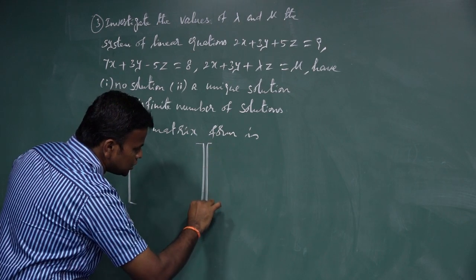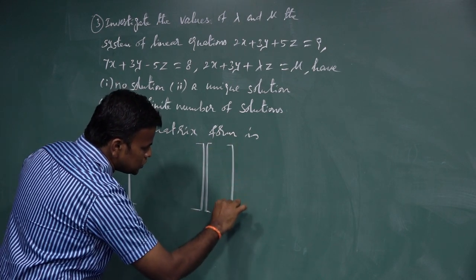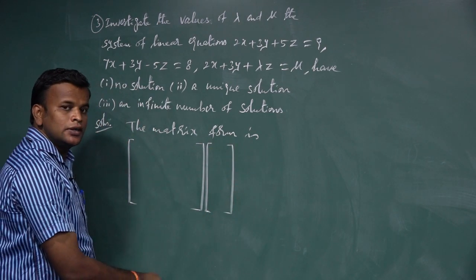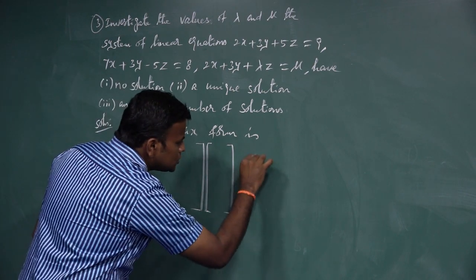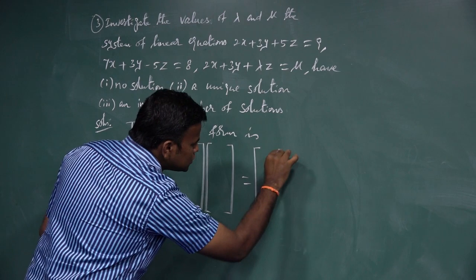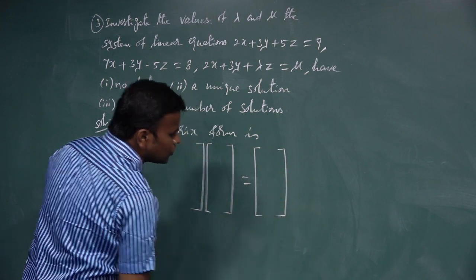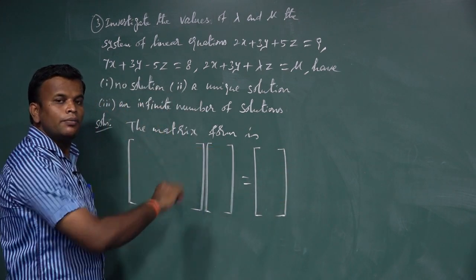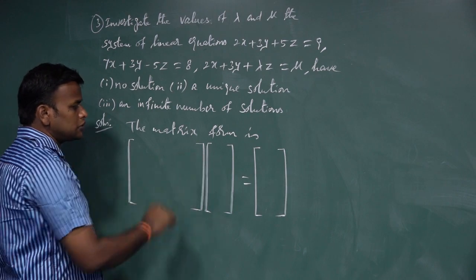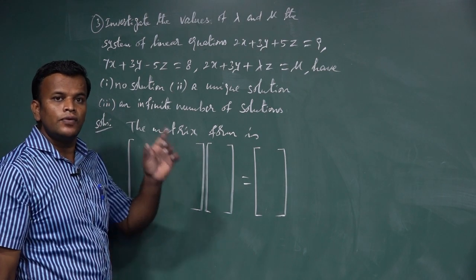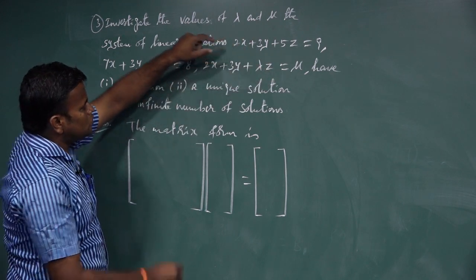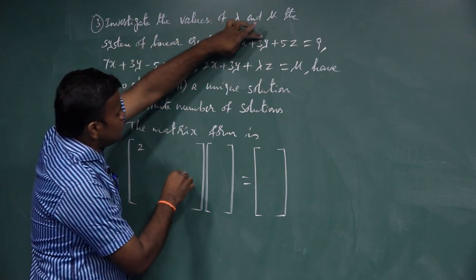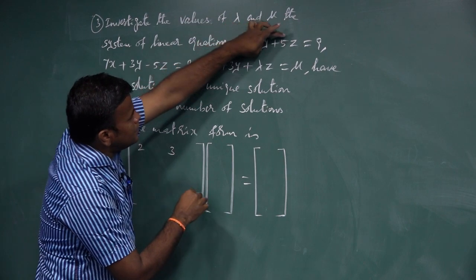The first matrix indicates the coefficients of x, y, z, and second matrix is the variables x, y, z, is equal to RHS, the constant matrix. You know very well how to fill the matrices. The first row is the coefficients of x, y, z in the first equation. The coefficient of x is 2, y is 3, and z is 5.